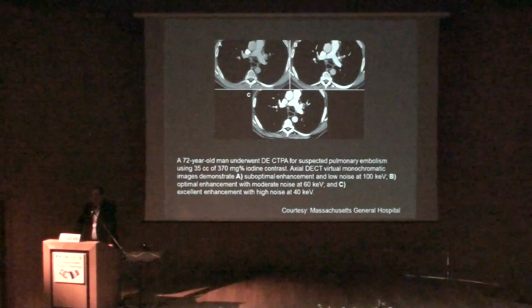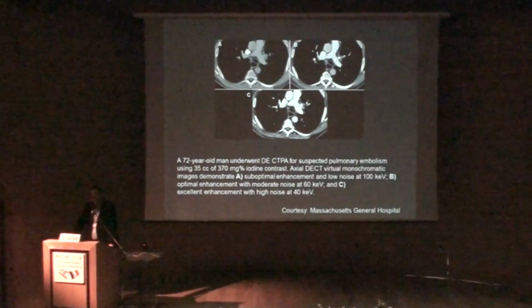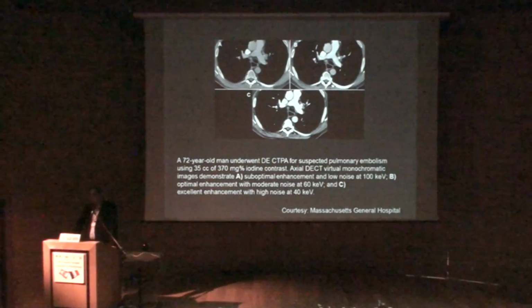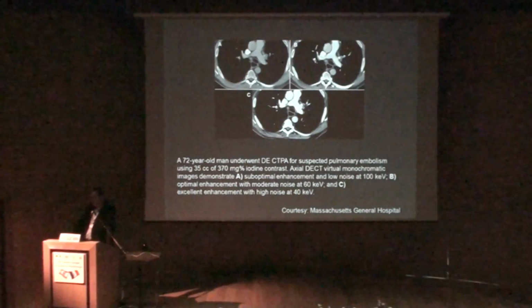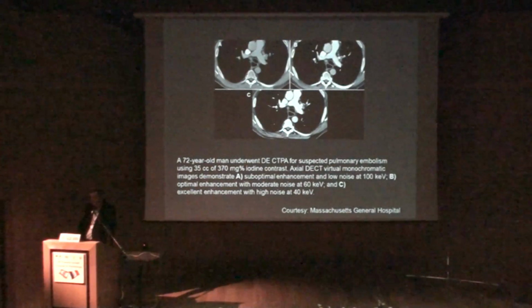So we can go down very significantly with the dose, and especially in patients that are diabetic and have kidney function problems, we can decrease the dose to about 1/3 of the regular dose that is used.